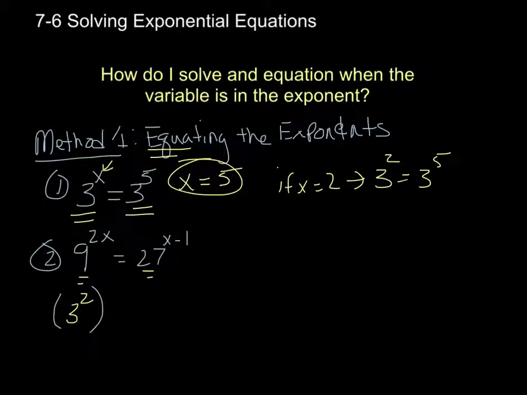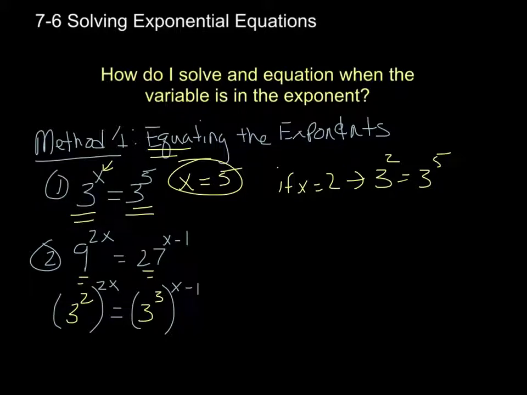All right, so I'm going to rewrite 9. I'm not going to write 9 anymore. I'm going to write 3 squared, but I'm going to leave everything else the same. And 27 is also a power of 3. 27 is 3 cubed.